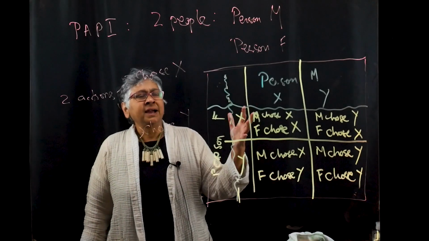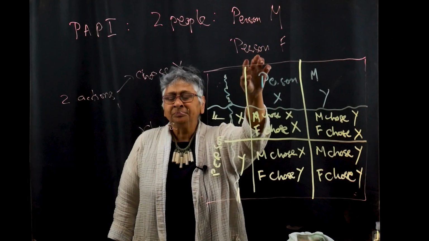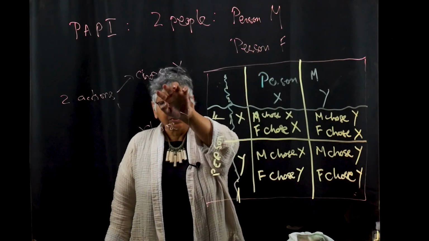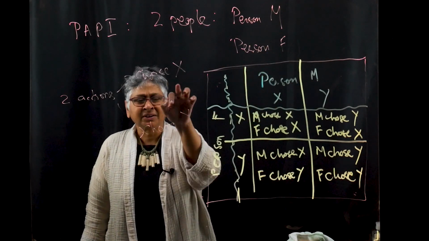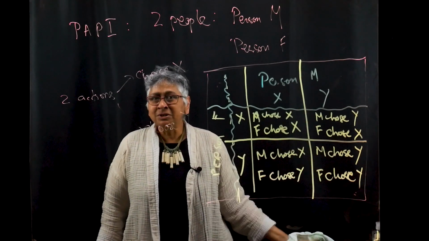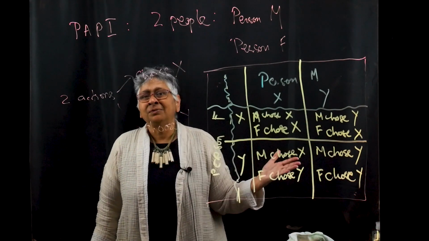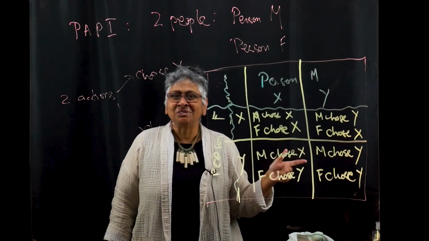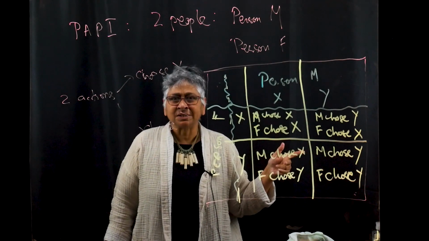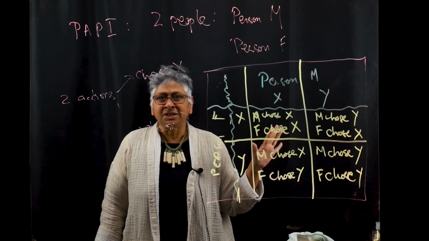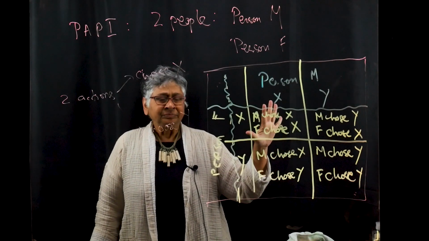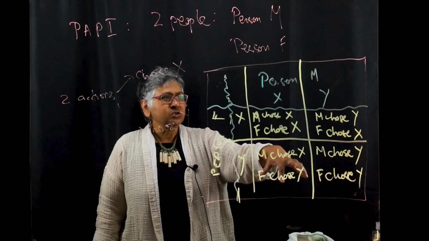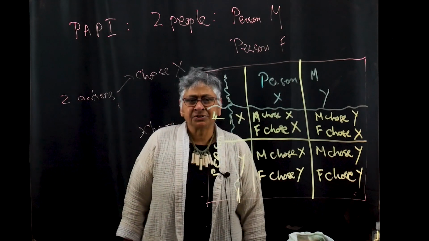So now that we have 2 people choosing between 2 options, X or Y, and some rules of the game in terms of how we apply this: no cooperation, no collectivization of resources, perfect information, all of that. We're now going to learn how to read the payoff matrix.